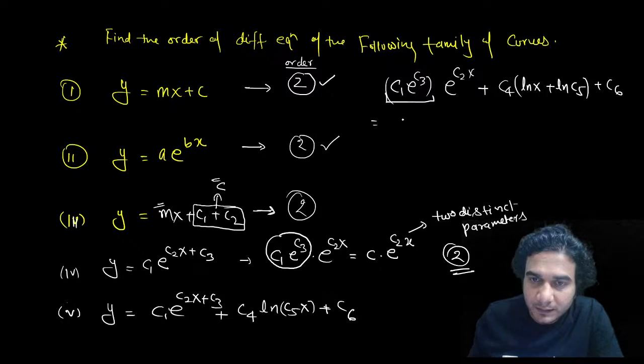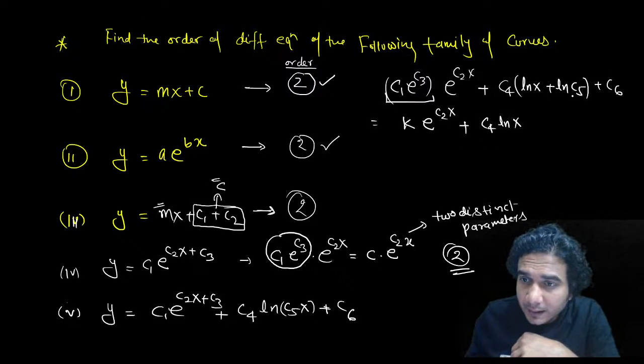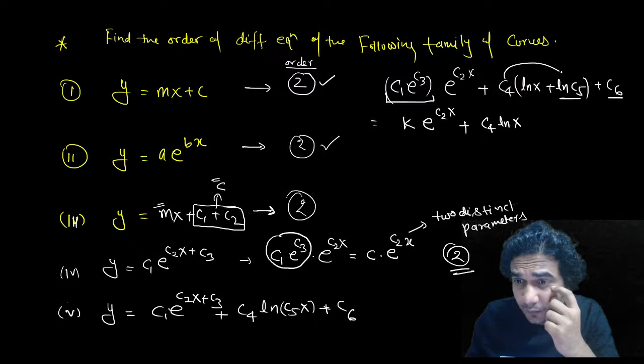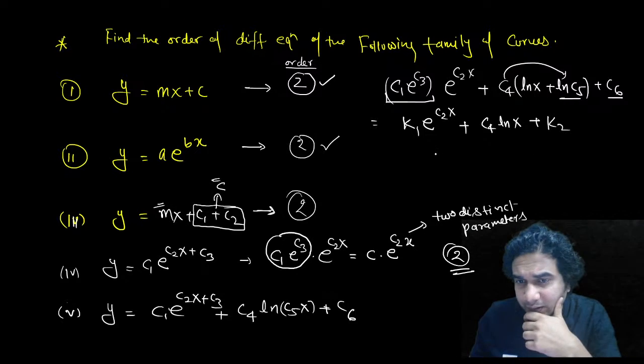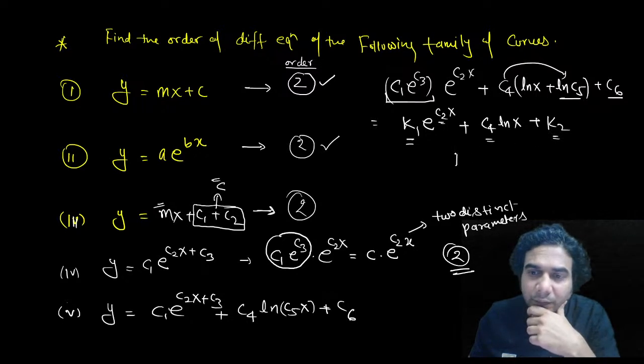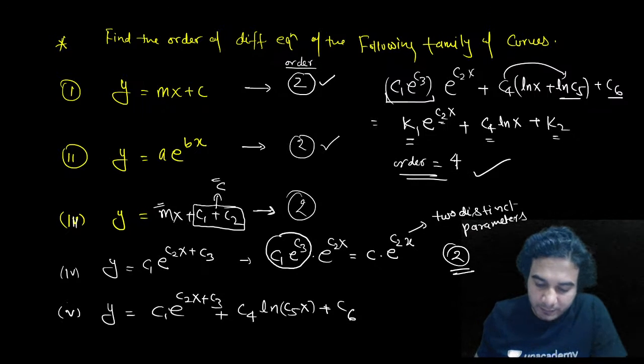Finally, this is one parameter k e raised to C2x plus C4 ln x, and this whole thing, with C4 multiplied in, can be written with k1 and k2. Now you can't club any two. So it has the parameters k1, C2, C4, and k4, which is 4 parameters. So the order is 4. 4 is the answer. Have you understood?